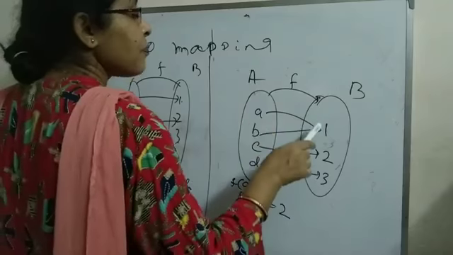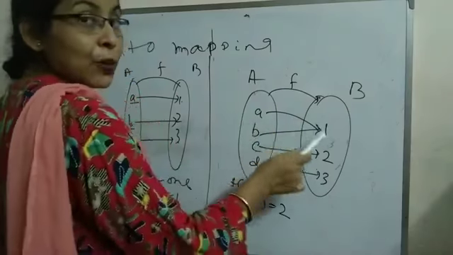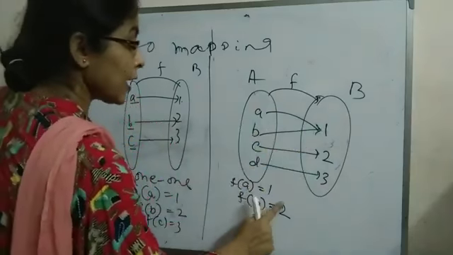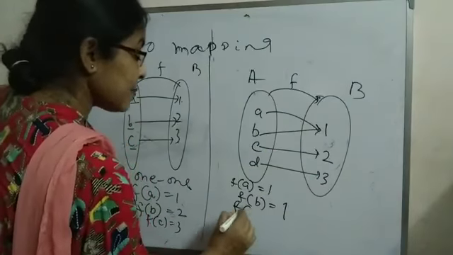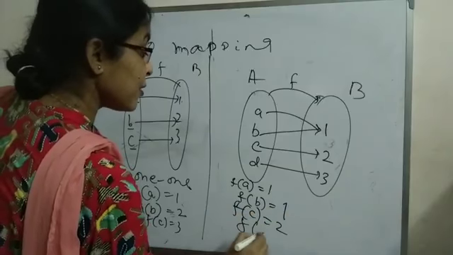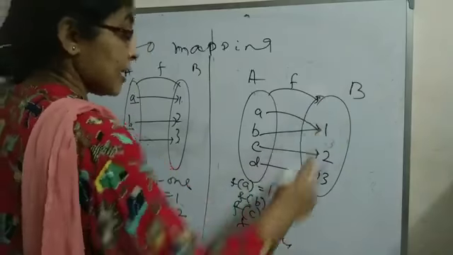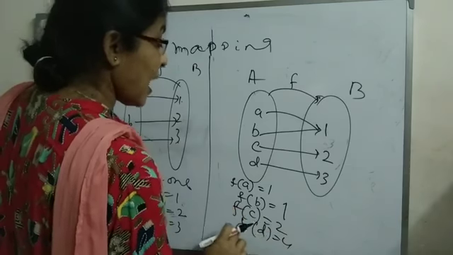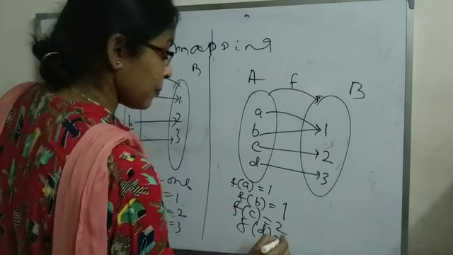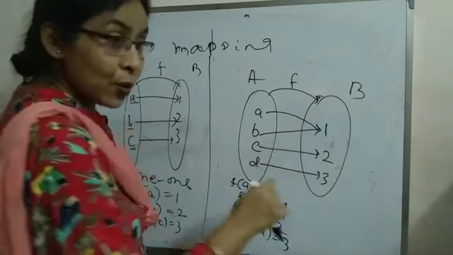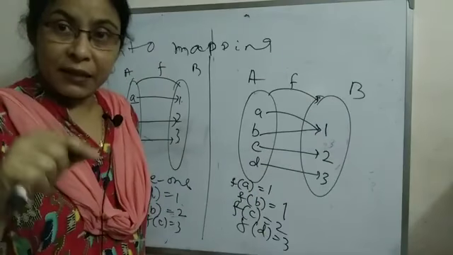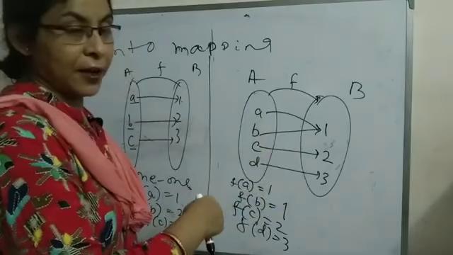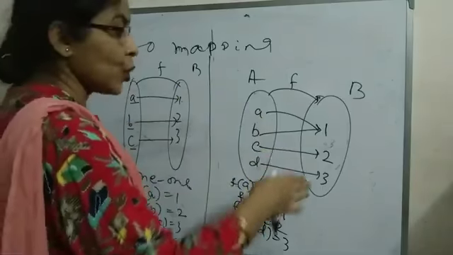Otherwise I can say 1 has preimage a and 1 has preimage b. So it is many-one. c equal to 2 and d equal to 3. There is no extra element in B which has no preimage in A. So it is onto.